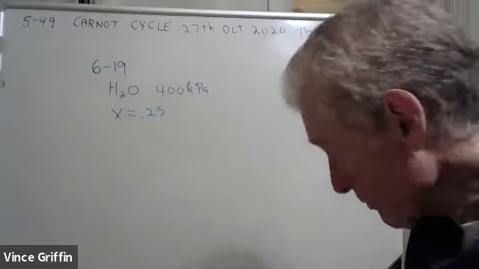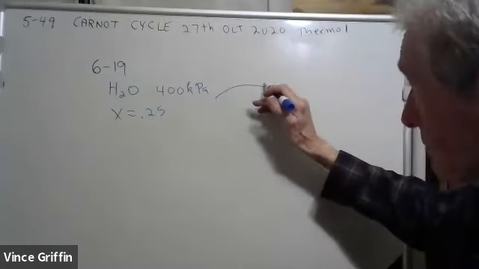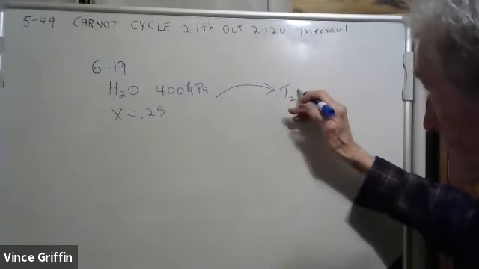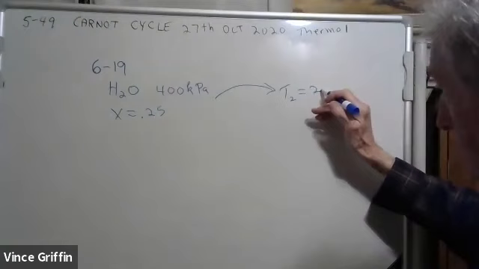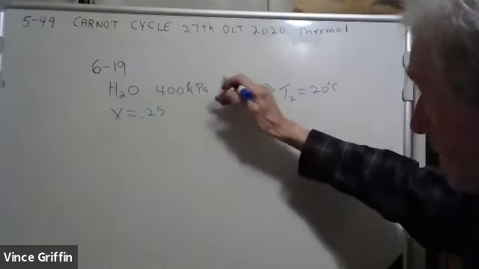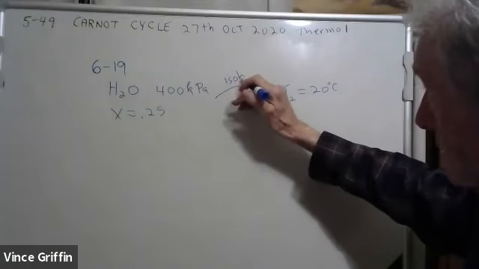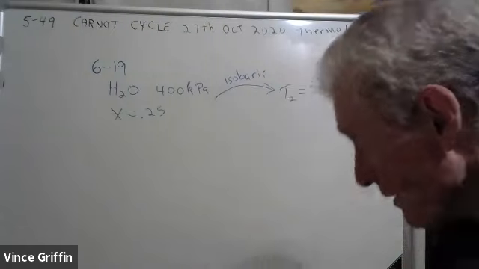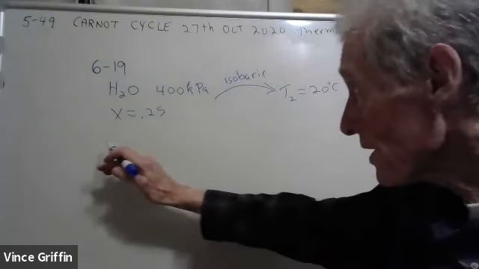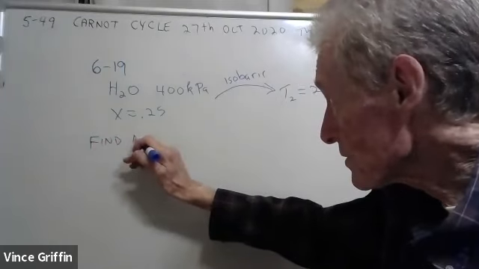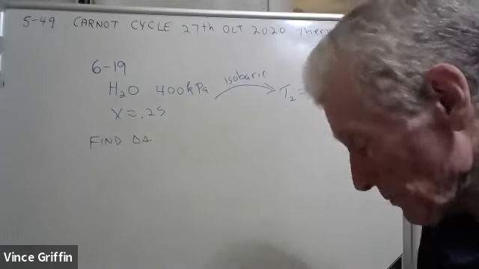And we're going to raise the temperature to 20 degrees Celsius in an isobaric process. And they want us to find the change in specific entropy. Okay, I bet we can do it.